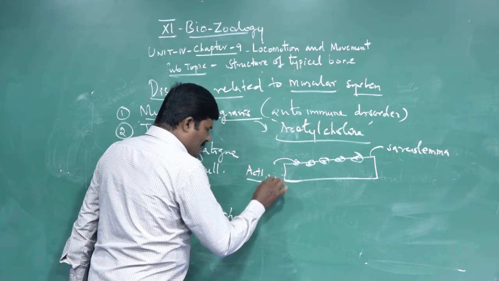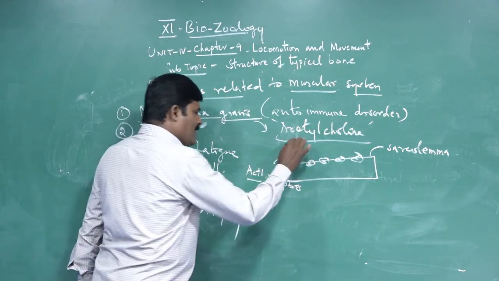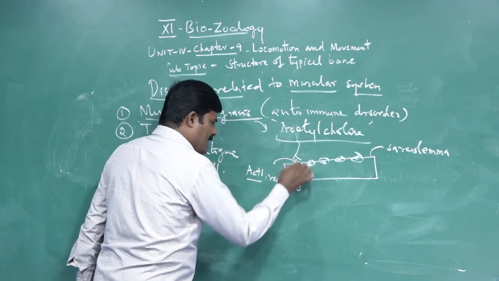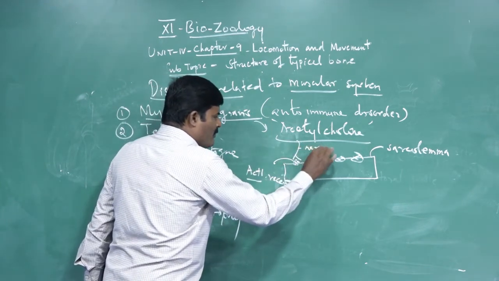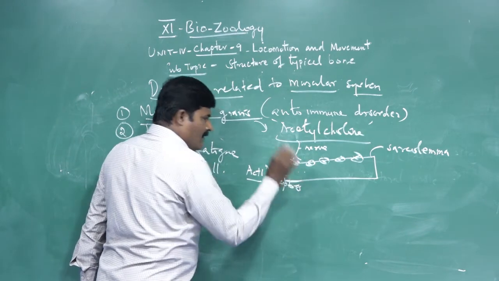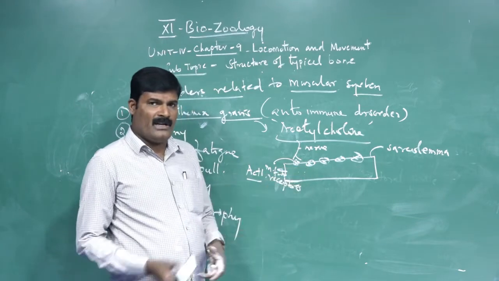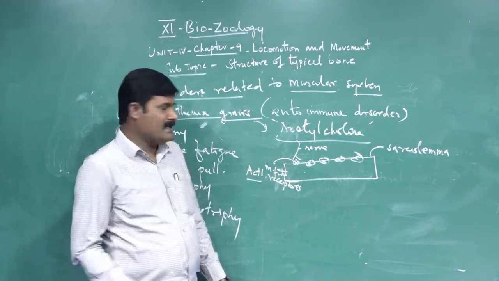The nerve is connected with the muscle fiber. On the surface of the sarcolemma, several acetylcholine receptors are present which receive the impulse from the nerves.